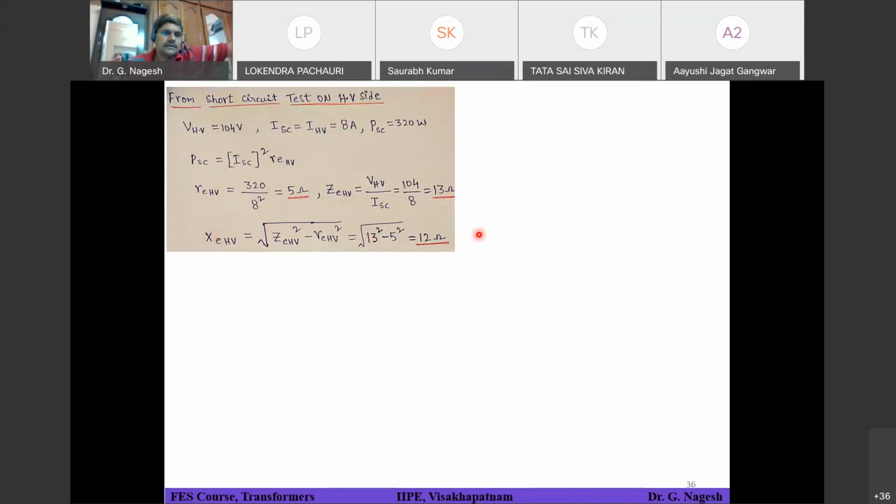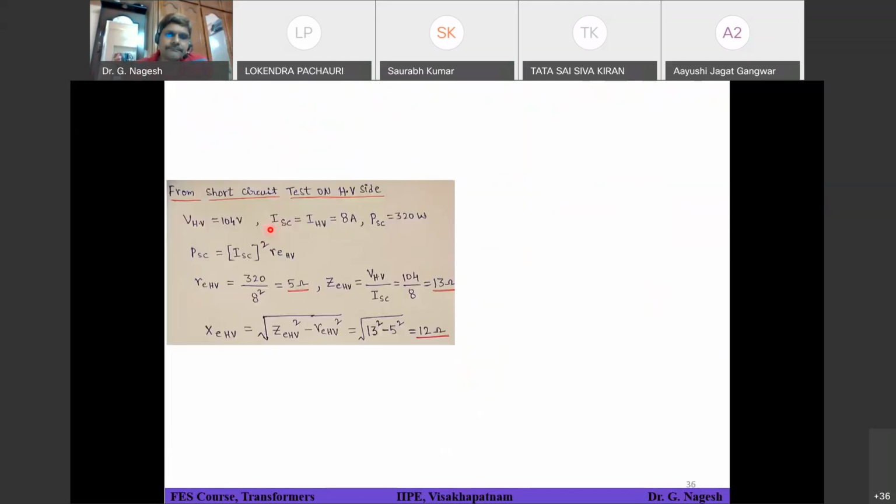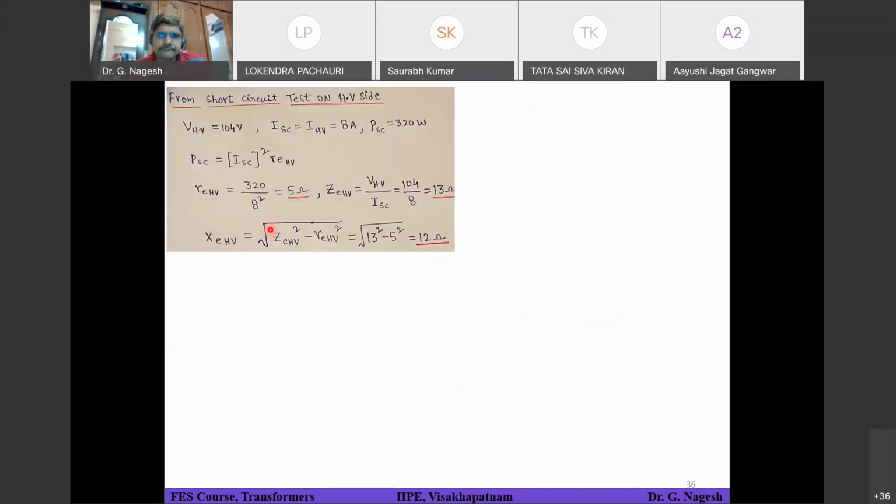Now they are asking you to draw the equivalent circuit referred to the HV side first. HV side is nothing but the primary in the present case because 2500 is on the primary side. So try to draw the equivalent circuit. The approximate equivalent circuit, not the exact equivalent circuit.